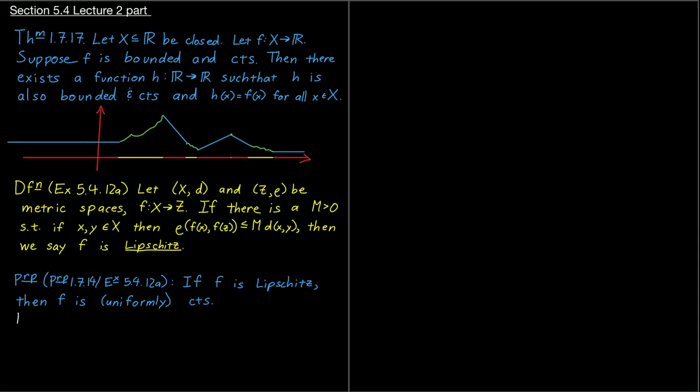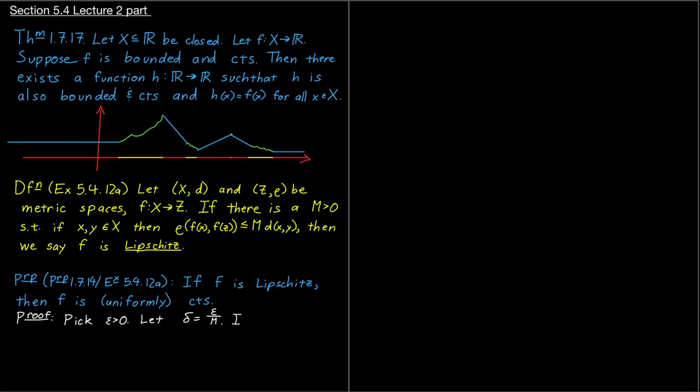And the proof of this is pretty straightforward. So why don't I go ahead and write it down. Pick a positive number epsilon, and we're going to let delta be just epsilon over m.